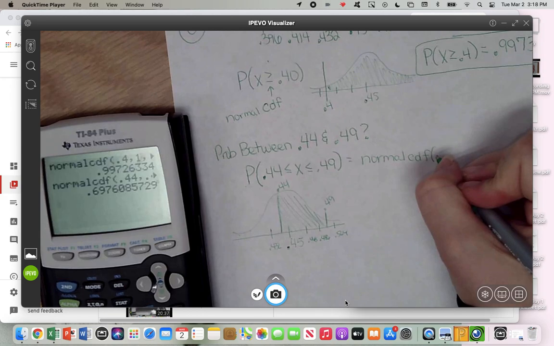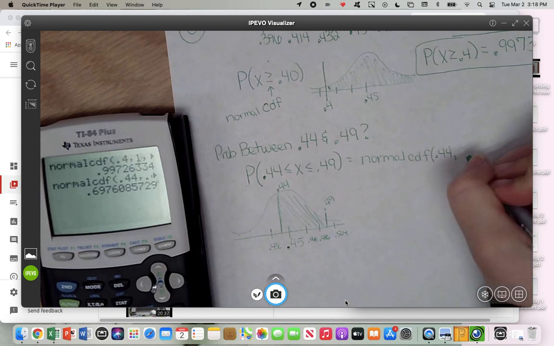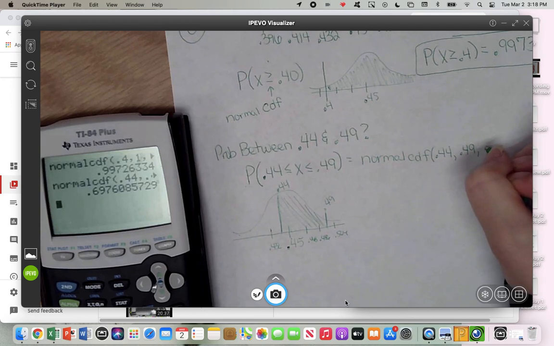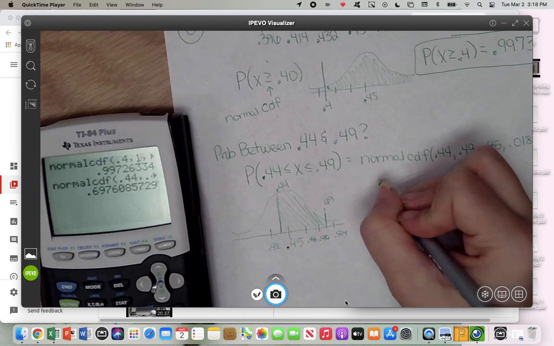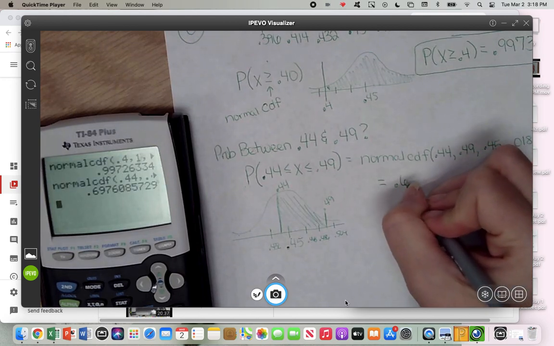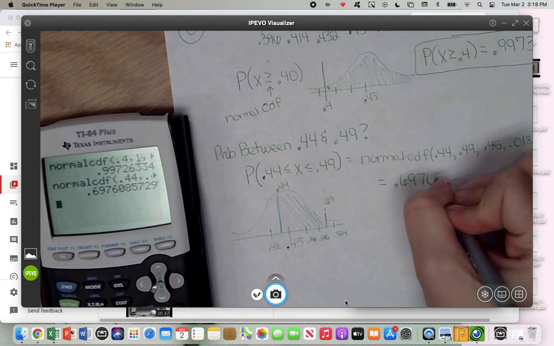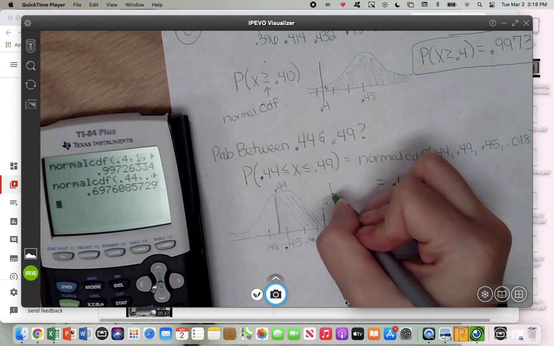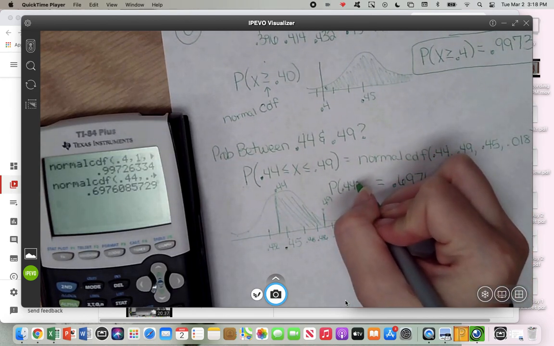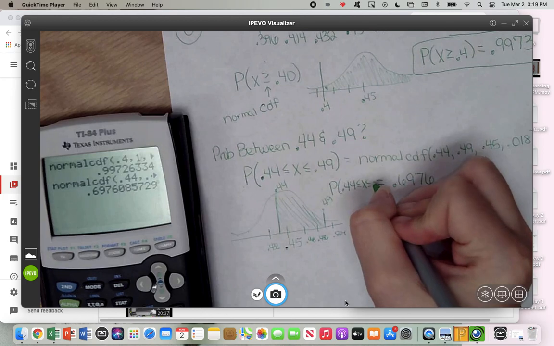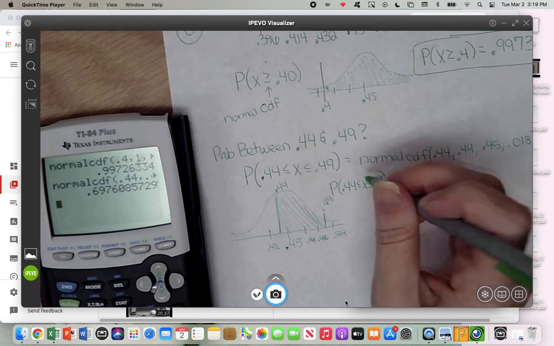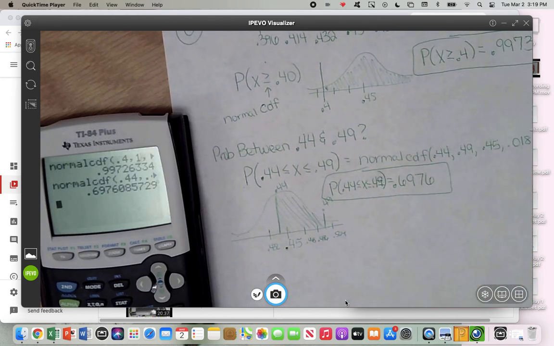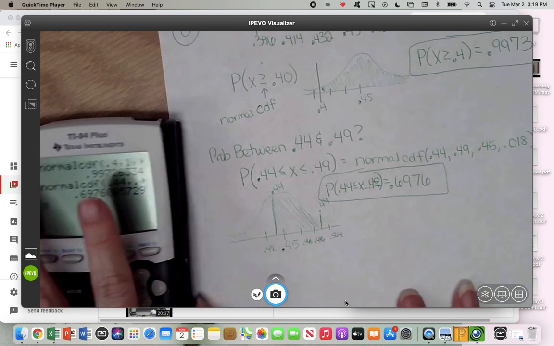And so we got a lower, upper, mean, and standard deviation, and that gives us 0.6976. And there we have it. So we're doing normal CDFs today.